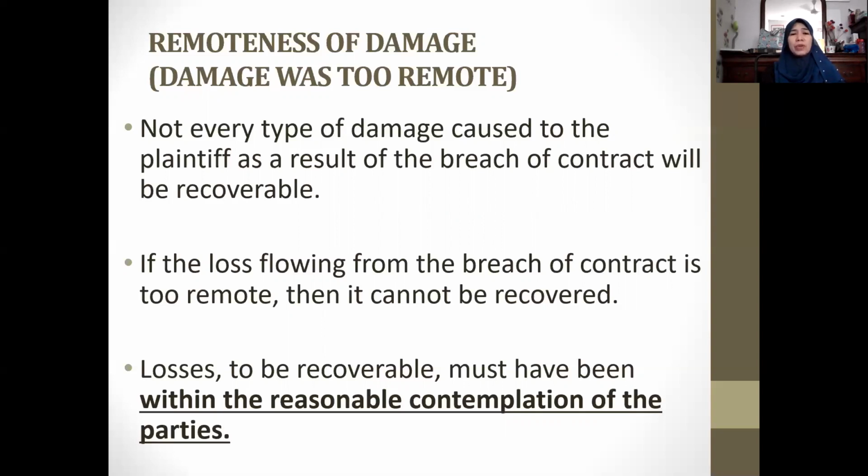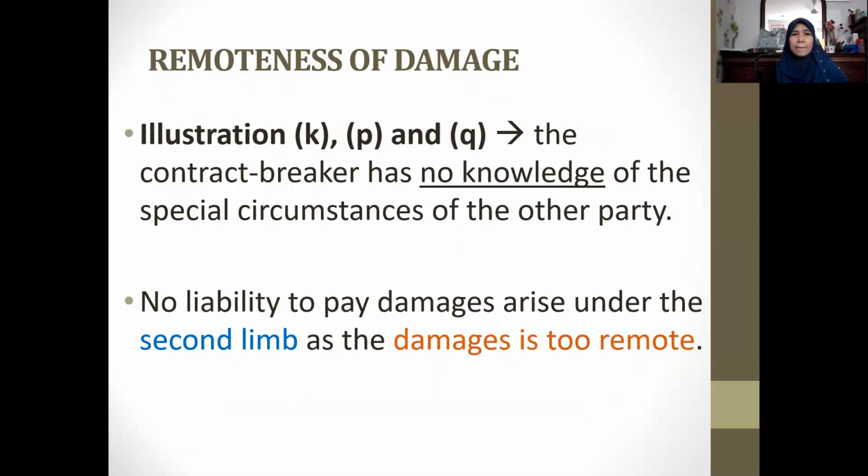So losses to be recoverable must have been within the reasonable contemplation of the parties, because if it's not within reasonable contemplation, then it is considered as being too remote, meaning that here the sequence is broken. I think it's quite similar to the concept of the law of torts, but for the law of torts, they have the phrase chain of causation, but here it's about the linkage between whether it's too remote or not, the damage suffered by the plaintiff.